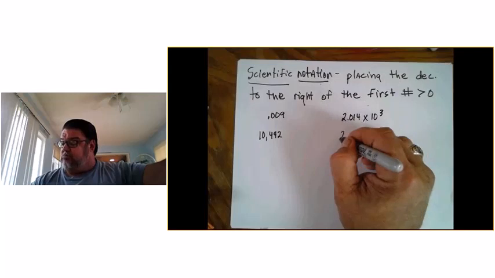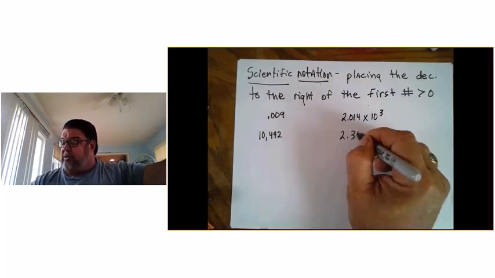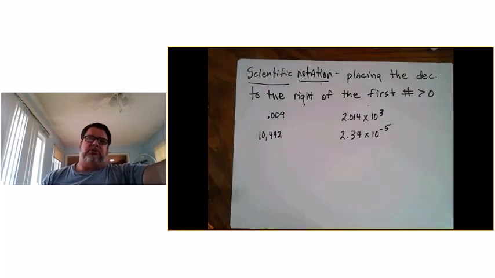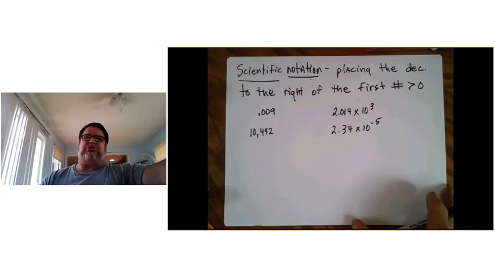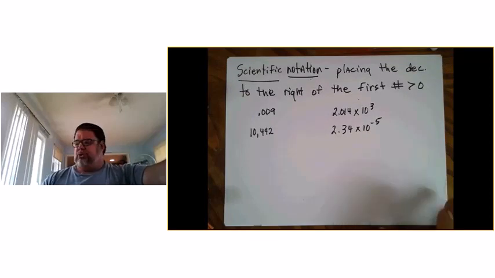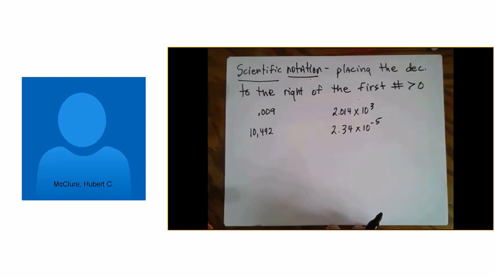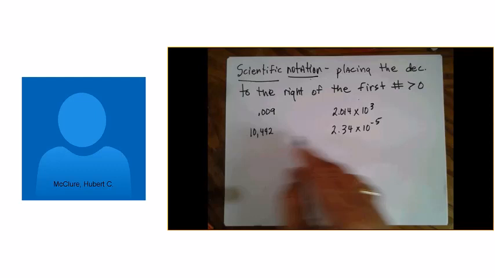Most students can take 2.34 times 10 to the negative fifth and make that into regular notation. That's not the problem. The problem is when I ask you to do an operation with those. That's where the problem comes in. So 90% of students can do these.